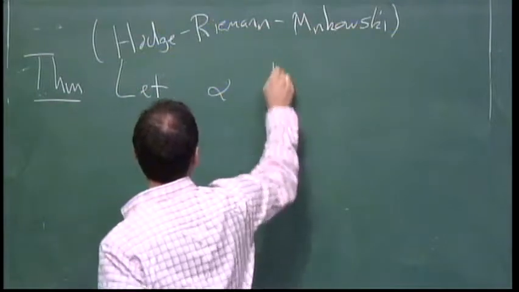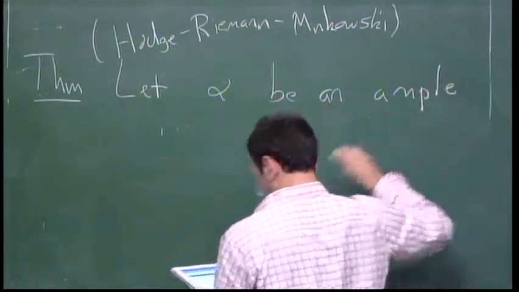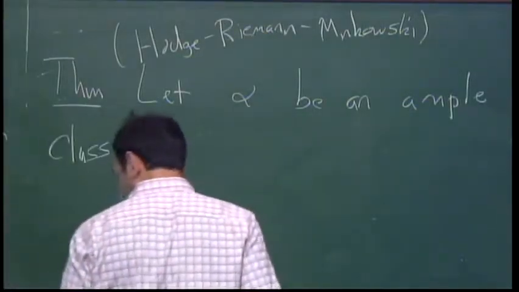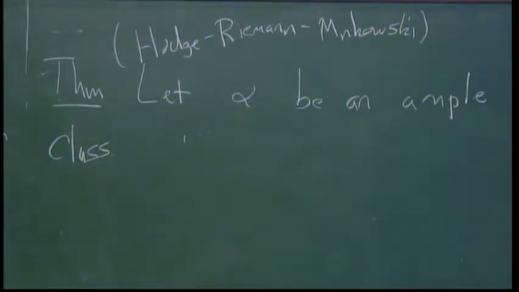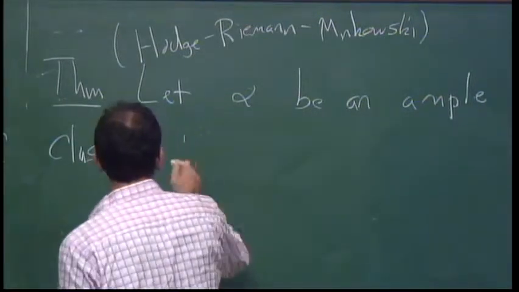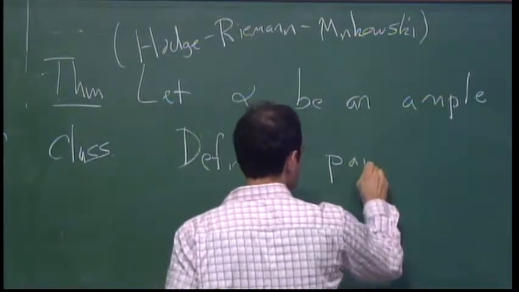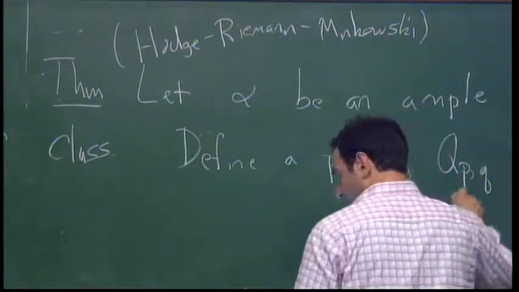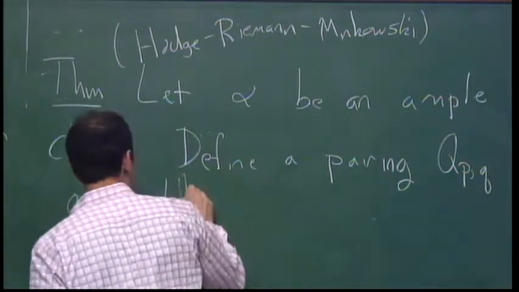So let alpha be an ample class, and we're going to let P star be the primitive cohomology with respect to alpha. Then I'm going to define a pairing Q_{p,q} on the primitive cohomology of degree p,q.